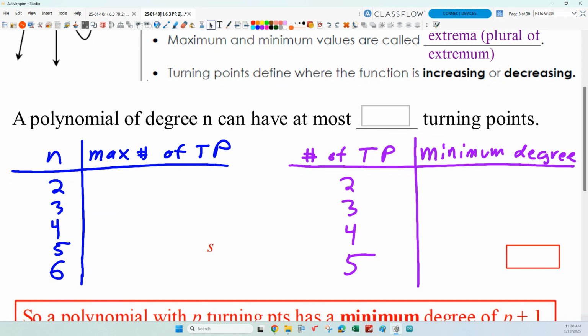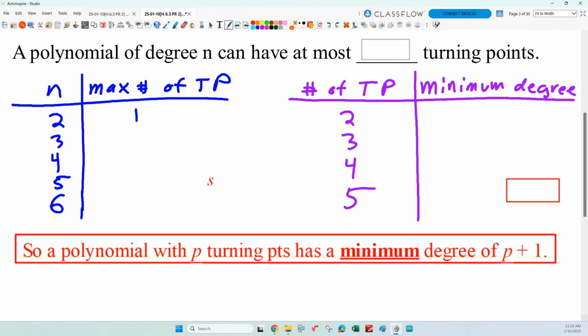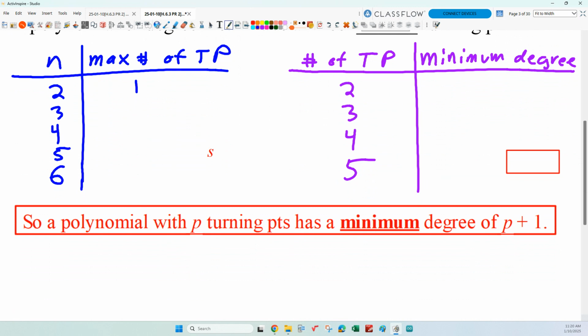If the degree of the polynomial is 2, show me with your arms, what's the basic shape? Yeah, it's a parabola, isn't it? So how many turning points does that have? It's got 1. What could a third degree polynomial look like? That's one that's going to have opposite end behavior, right?